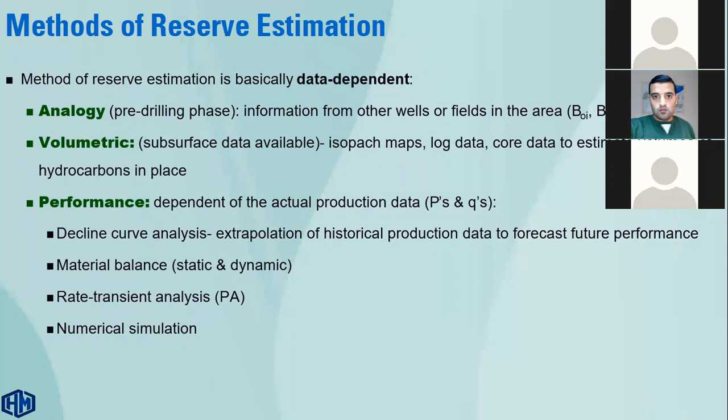In this technique, we have different production data like flowing pressure and flow rates, so we will use this production data to calculate reserve. Examples of this are decline curve analysis, like exponential, the empirical Arps equation, or even the advanced Fetkovich approach, material balance, static or dynamic, RTA or transient analysis, and finally reservoir simulation.